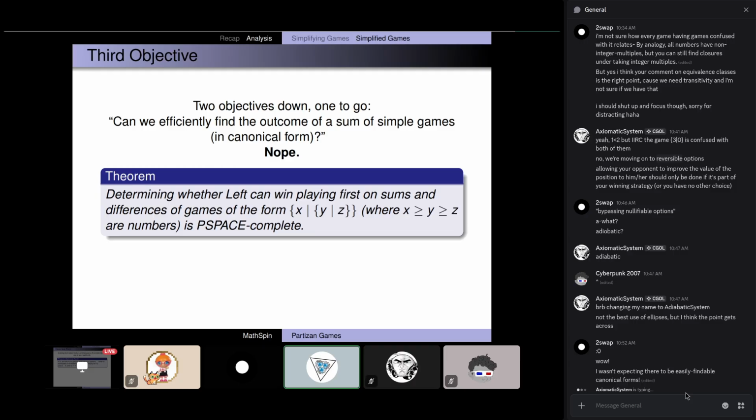This relates to P versus NP, and it's basically saying it's too hard to tell if left wins playing first.